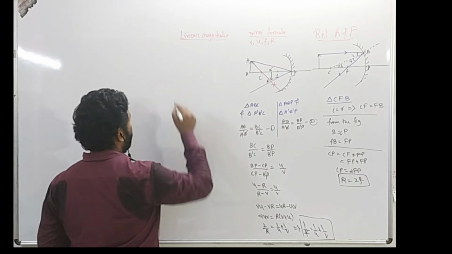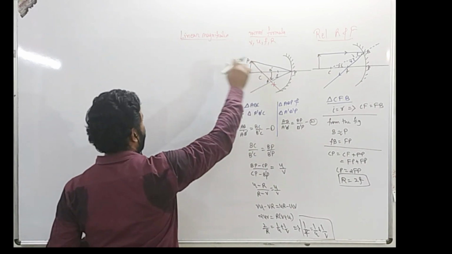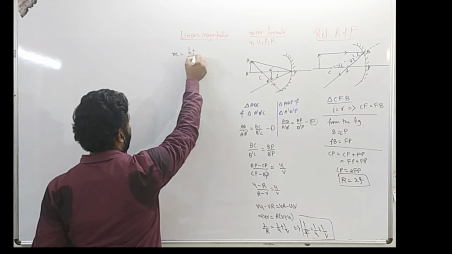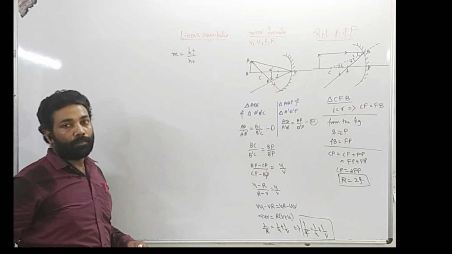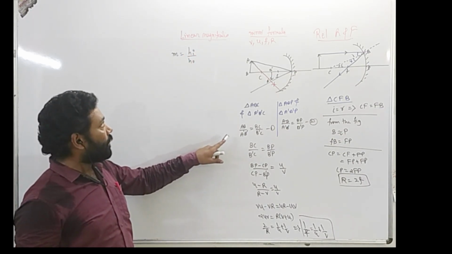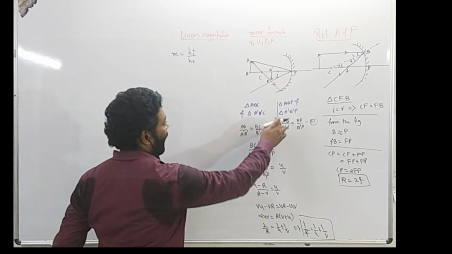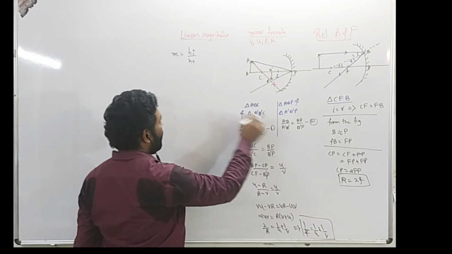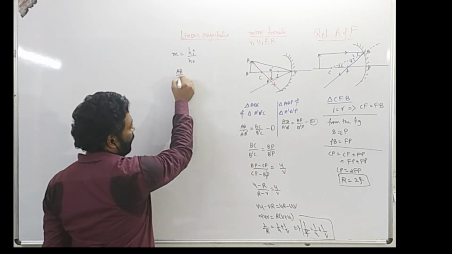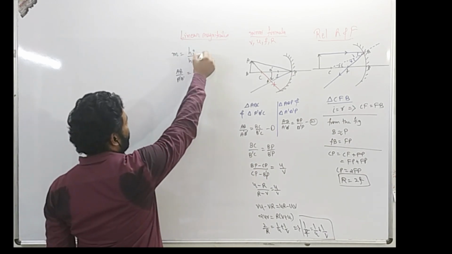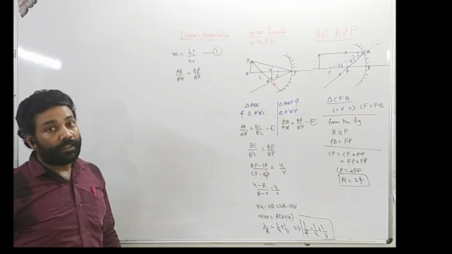So magnification, in order to compare the height of the object and image, is defined as the ratio of the height of the image to the height of the object. From this relationship, we know the height of the image upon the height of the object. I'll write down that relation once again here. This is the first one, the most basic formula for linear magnification.